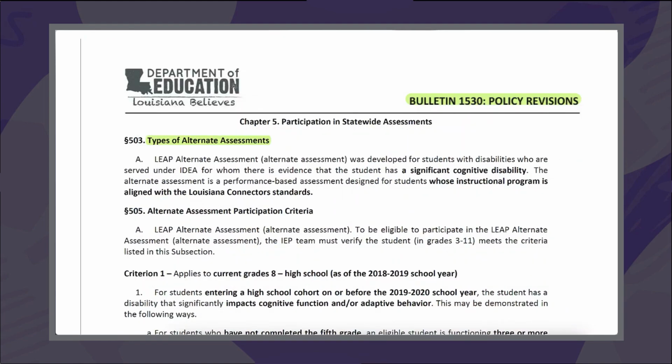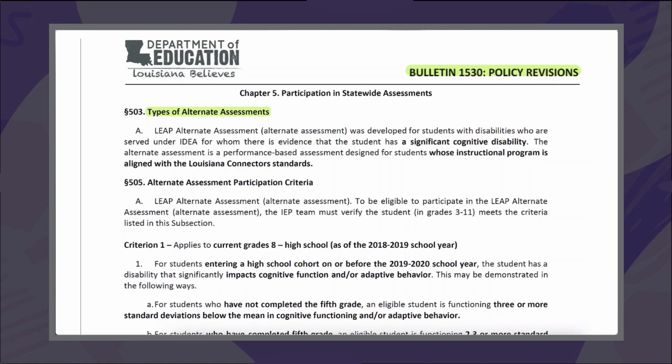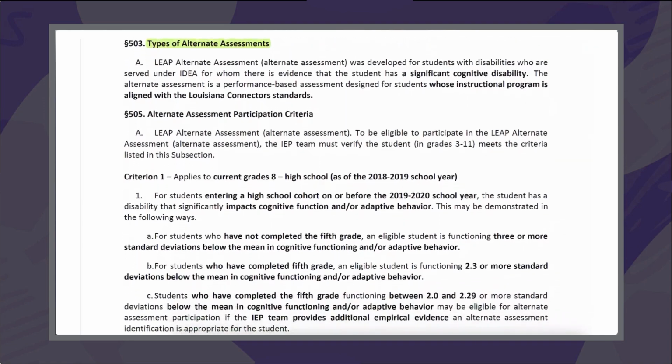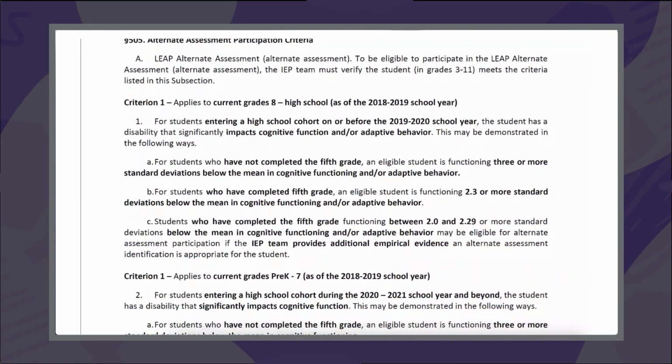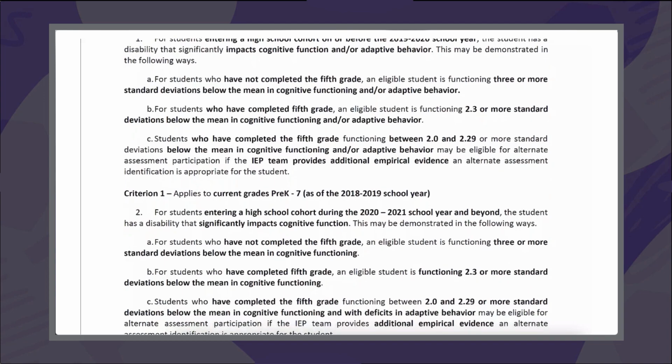Whereas the 3 through 11 participation criteria was established to support those IEP teams making alternate assessment decisions for students in grades 3 through 11. IEP teams will use these tools annually to consider participation in an alternate assessment. So if your student qualifies as a student with significant cognitive disabilities, that eligibility criteria may be discussed during that IEP meeting.